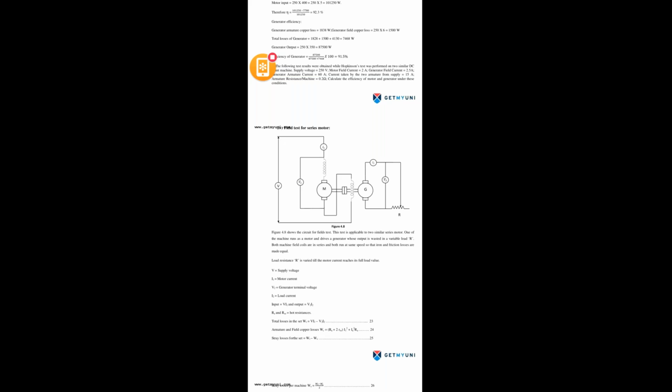V2 measures the EMF generated across the generator armature terminals. Now we have the three voltage ratings: supply voltage, back EMF, and generator EMF.